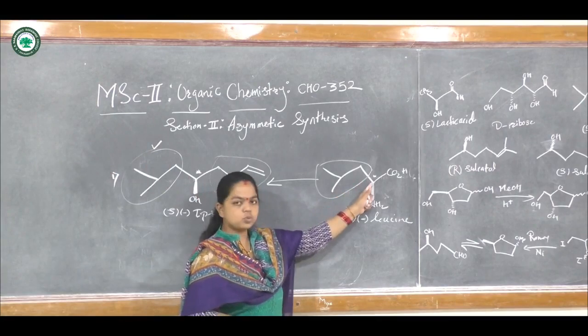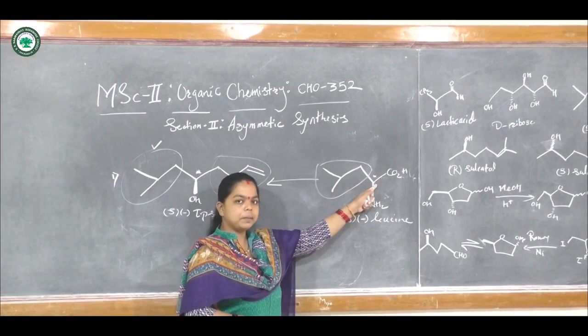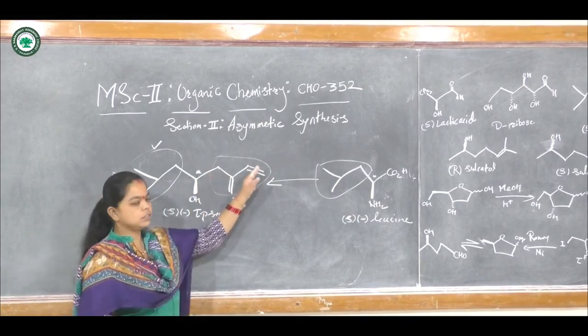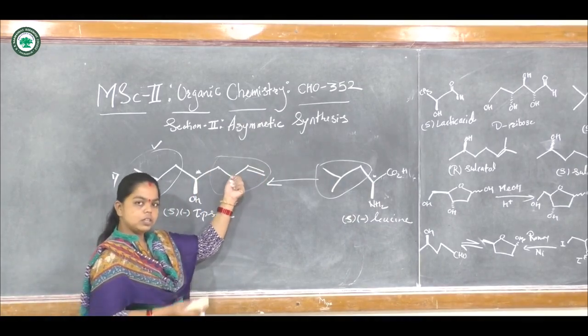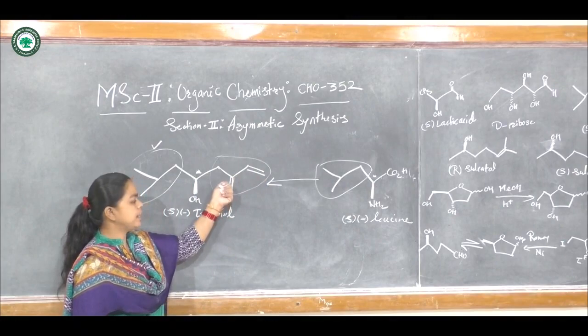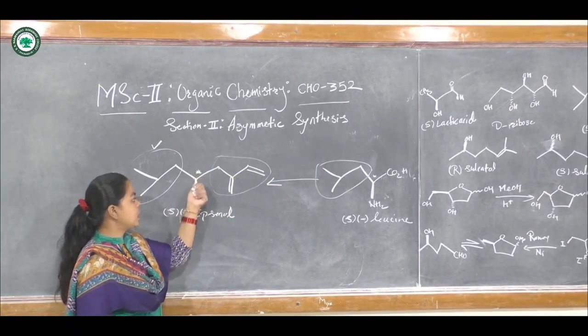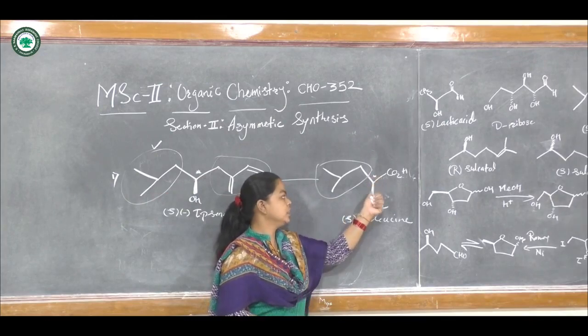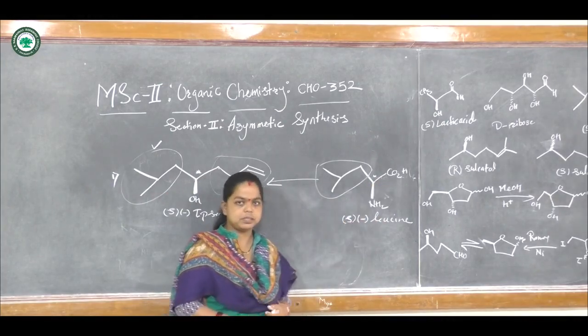In ipsenol, at the chiral center an OH group is present, and it has another branch. We can incorporate this branch by adding it to the molecule. But at this chiral center in leucine, the NH2 and CO2H groups are present.